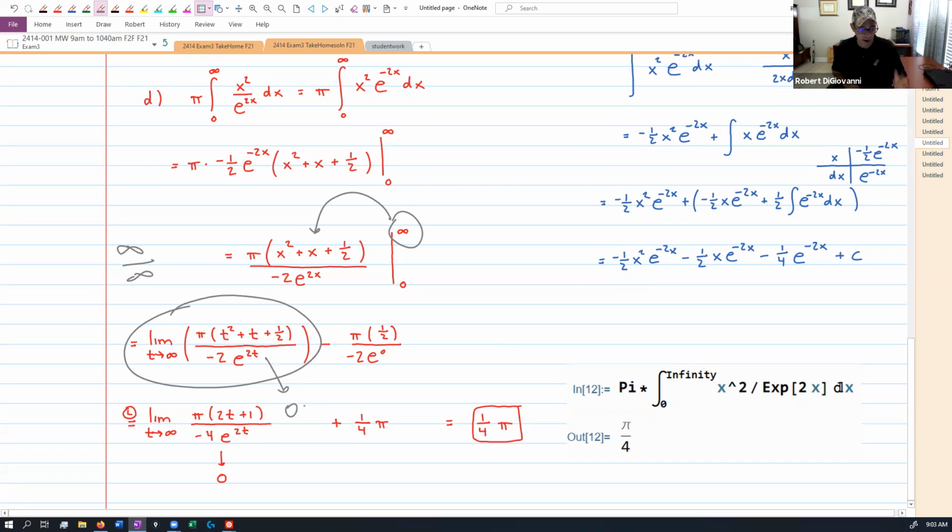So you have to show that. And I did it by doing L'Hopital's rule. I actually have to do L'Hopital's rule one more time. I didn't do it again because this is just for my own answers. But I'd have to do L'Hopital one more time and show it goes to 0. And then you can say it converges to pi/4. So if you were missing this, I took points off.